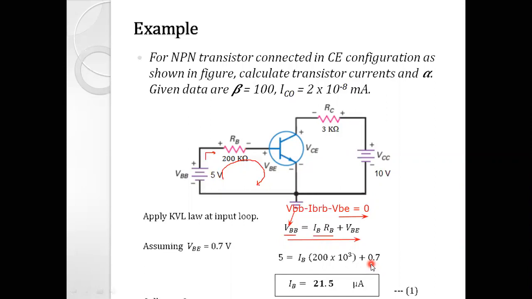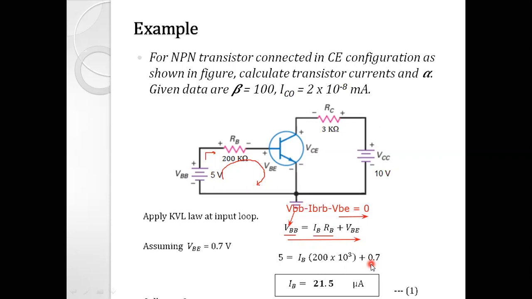What is the reason behind it? The base emitter junction is in the forward bias condition, and this transistor is of NPN type. So base is made up of P layer and emitter is made up of N layer. The P and N type layers are combined, and forward bias is given to this PN junction, so it behaves as a forward biased diode.